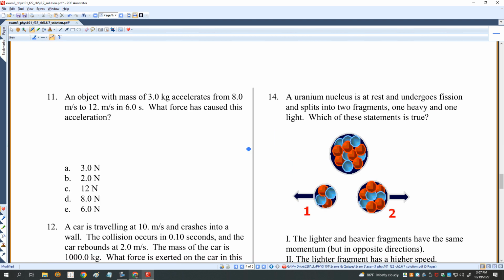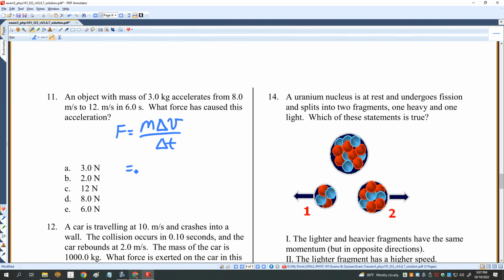An object with a mass of 3 kilograms accelerates from 8 to 12 meters per second in 6 seconds. What force has caused this acceleration? So remember Newton's second law is ma, or m delta v over delta t. This is how Newton expressed his second law in terms of momentum, or dp/dt.